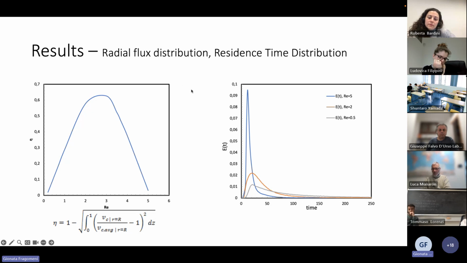And on the right, you can see the tracer simulation, to compare these results with experimental results.